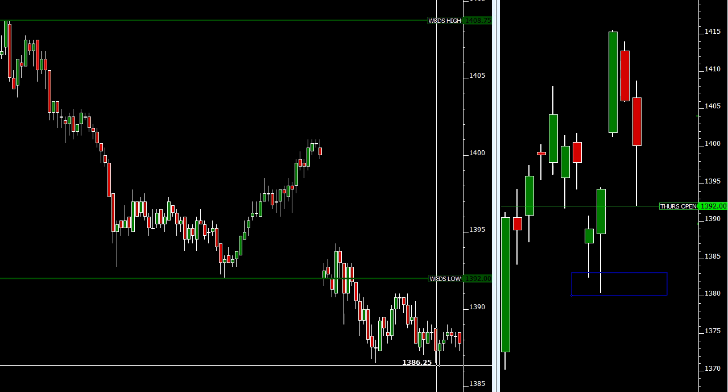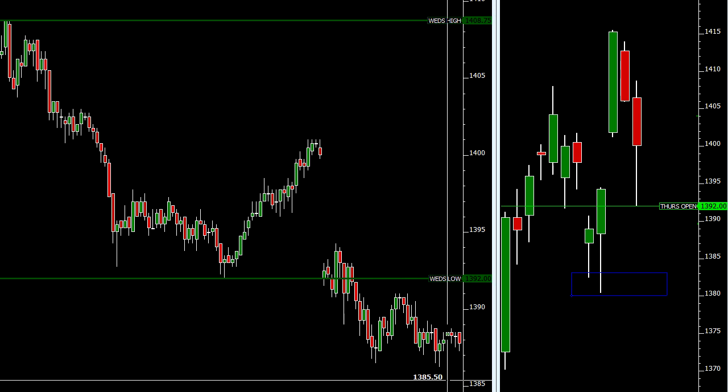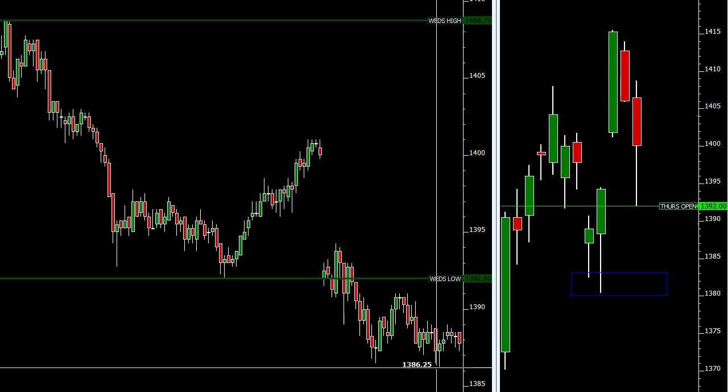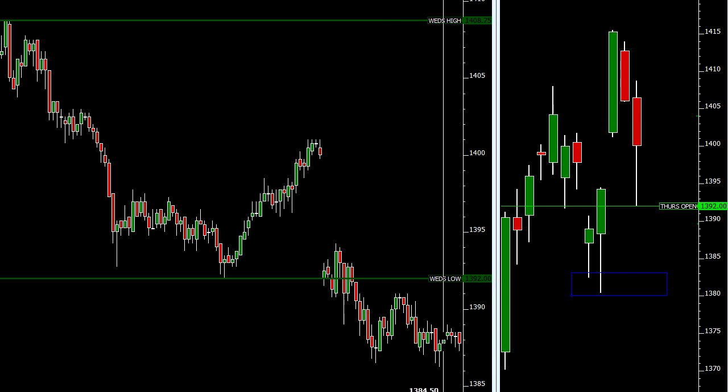Not a lot, but we did. So had that then been taken, it would have been negated, but potentially a reversal low had we started moving back up. Now this is all very well and good, but like I said, if we've got a position, we've got a bias, it's possibly more difficult to spot.